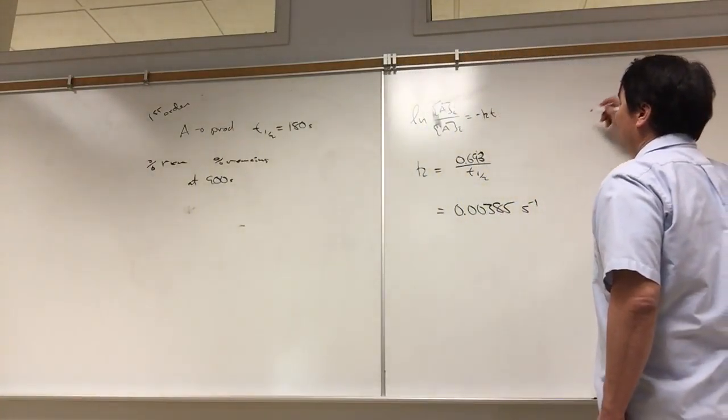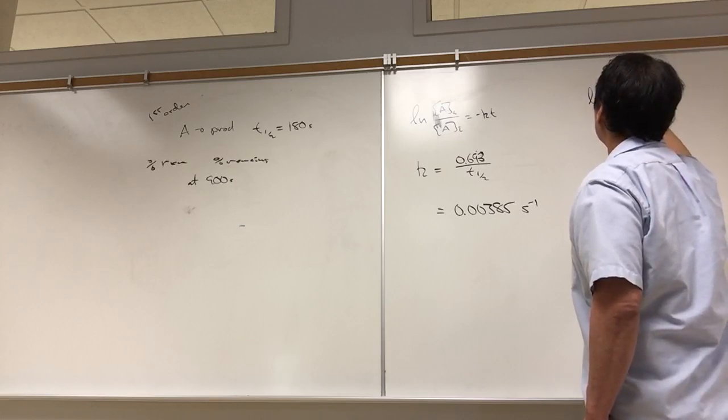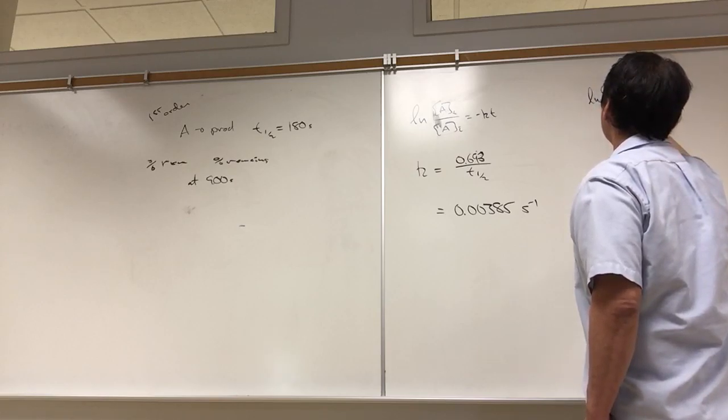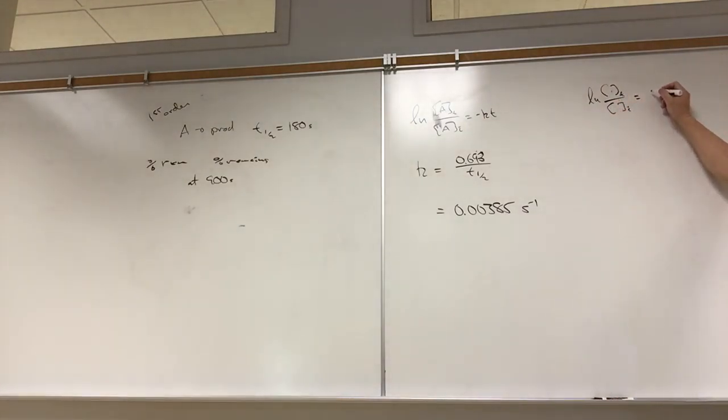All right, so I can just plug it in here. ln of this is equal to minus k, which is 0.00385 seconds to the minus 1, times t, which is 900 seconds.